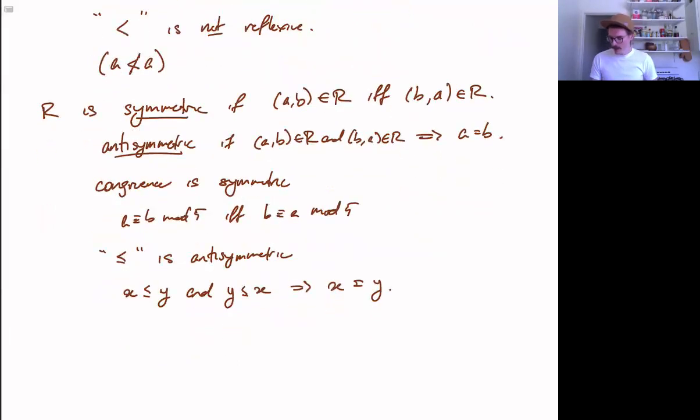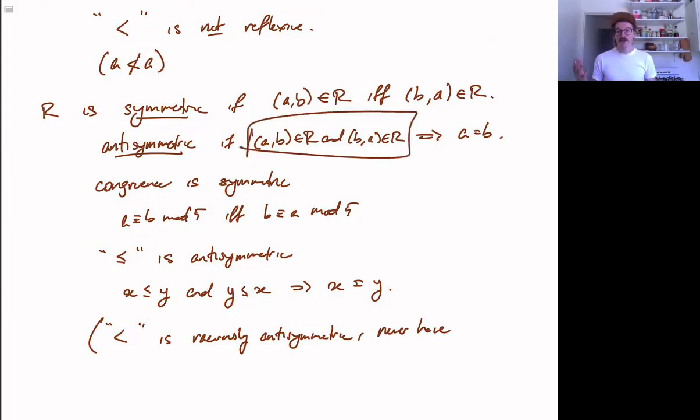Let me put in parentheses that the strictly less than relation is vacuously anti-symmetric. And if you remember what vacuous generally means, it's vacuously anti-symmetric because this thing is just never true.